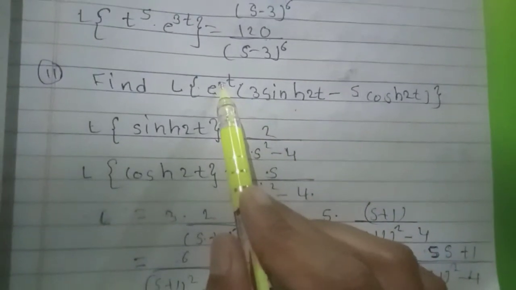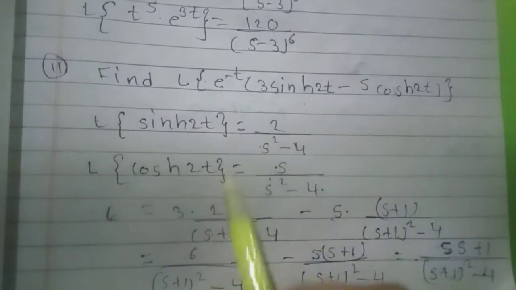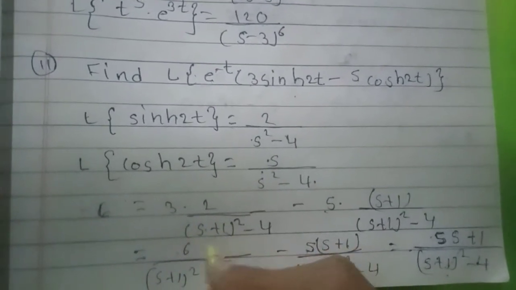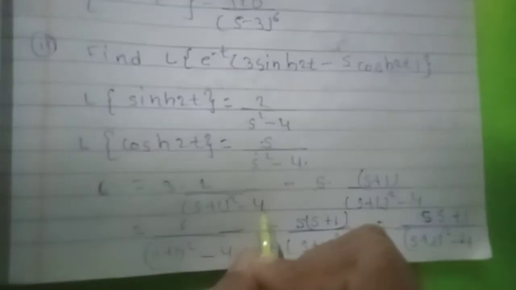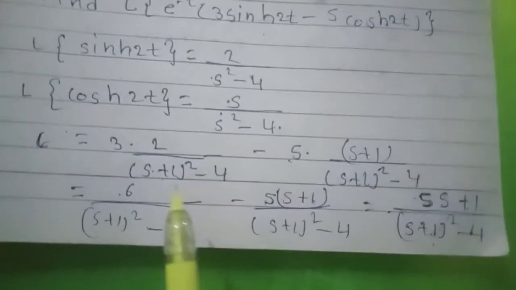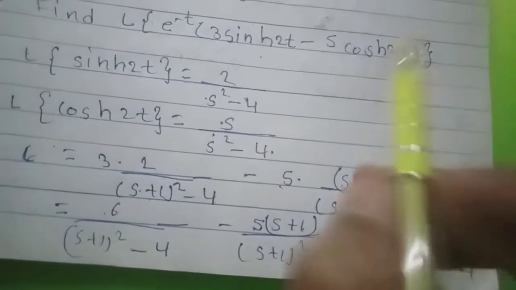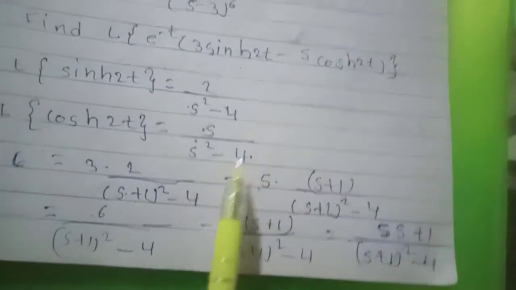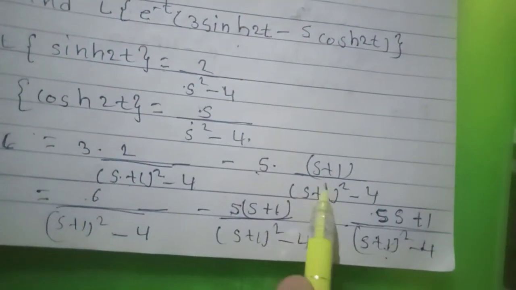But here it is minus 1, this is a, so s minus a becomes s plus 1, in brackets squared minus 4, meaning 2 square is 4, minus 5 into cos hyperbolic 2t, that is s divided by s square minus 4, but here s is s plus 1, in brackets squared.